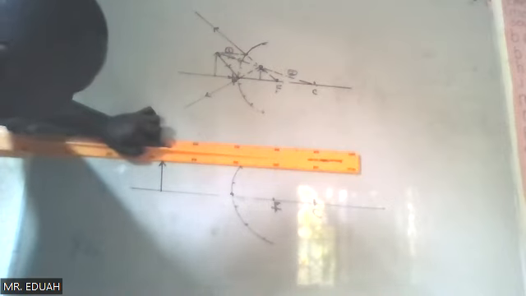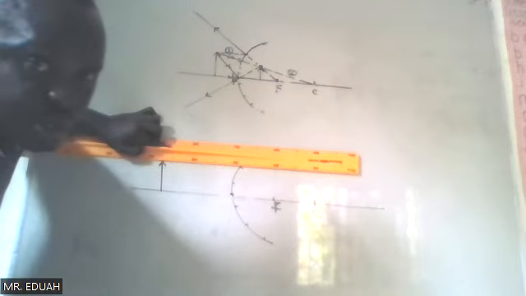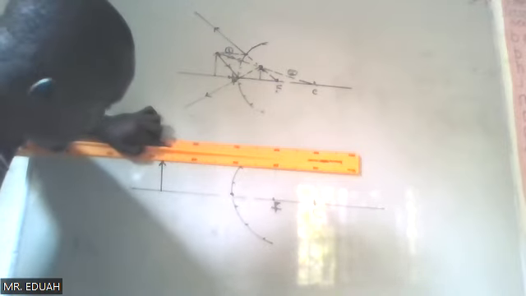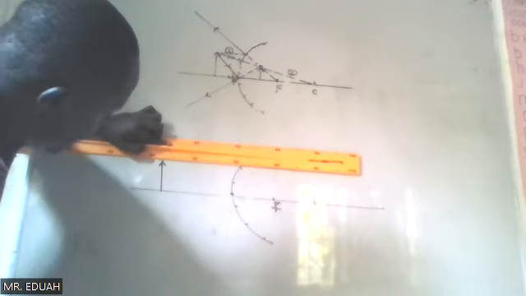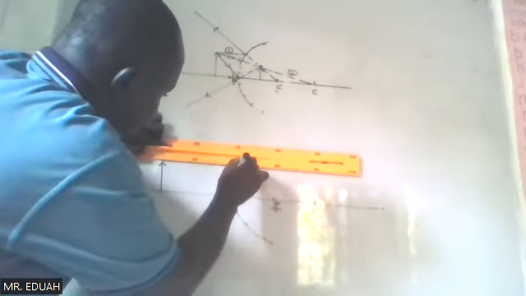A ray of light going parallel to the principal axis, after reflection, must appear to be diverted from a point behind the mirror.